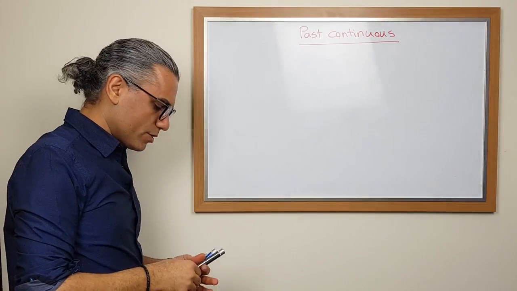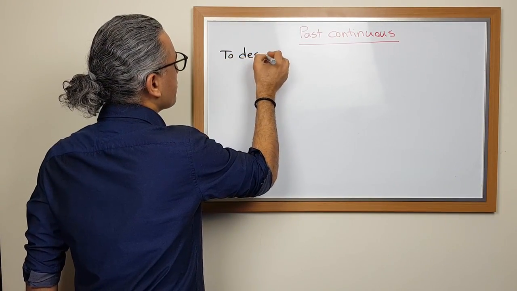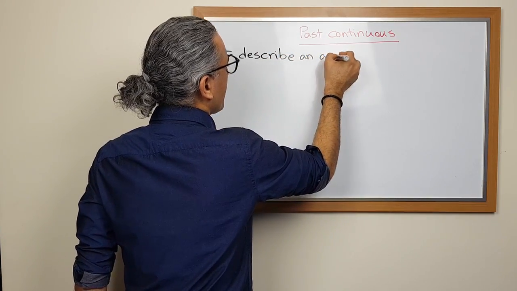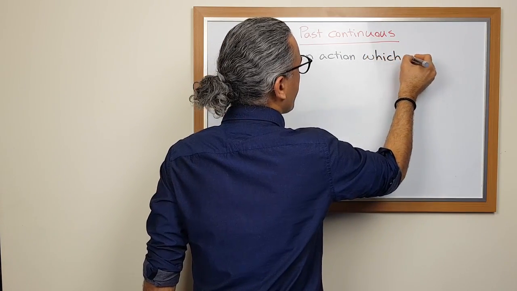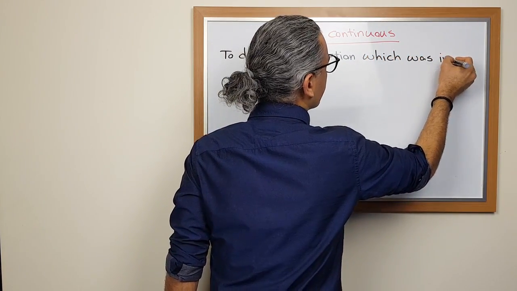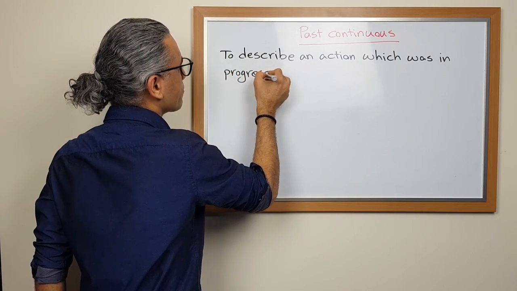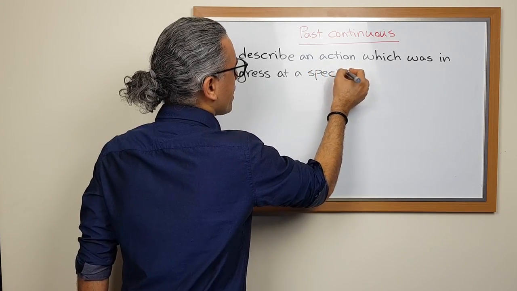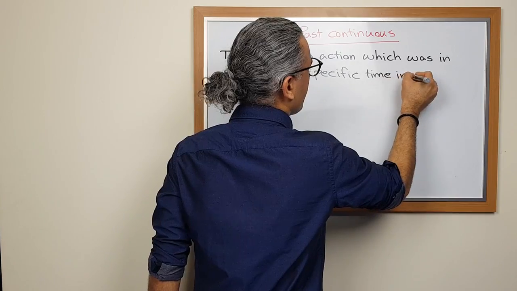Now, let's talk about past continuous and how and where we use it. We use past continuous to describe an action which was in progress at a specific time in the past.